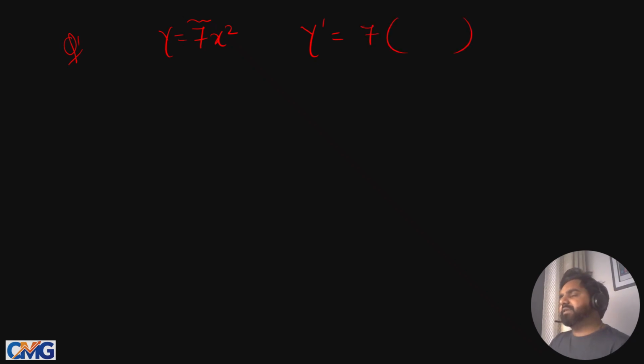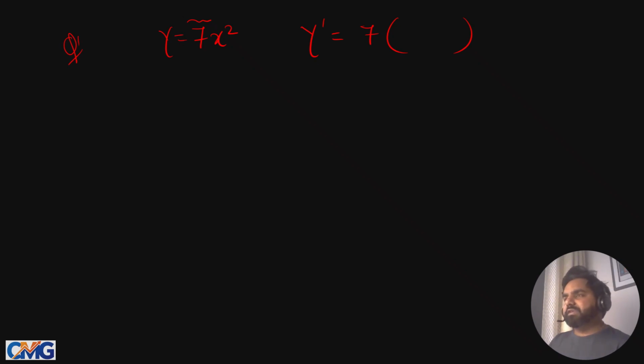If you want to take a basic example, take y is equal to 7x square. Basically you don't have to do anything with the 7. Leave the 7 as it is and just write the differentiation of x square.